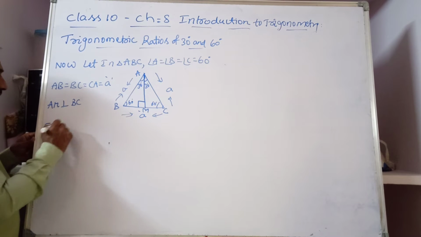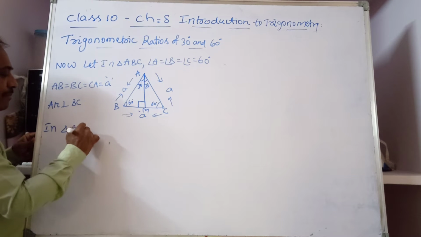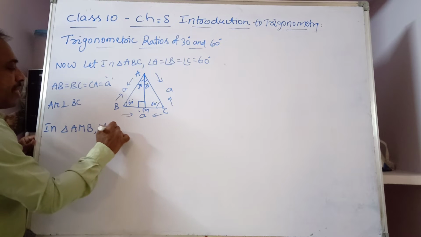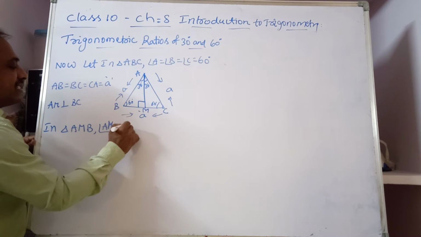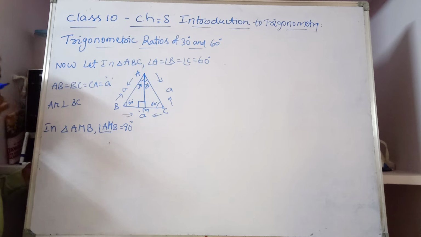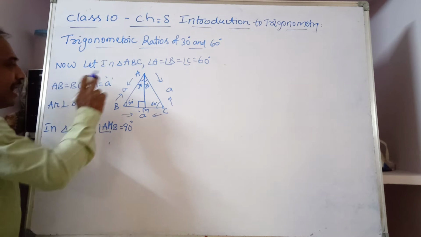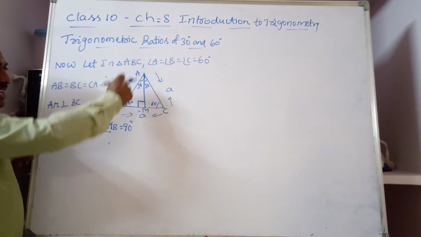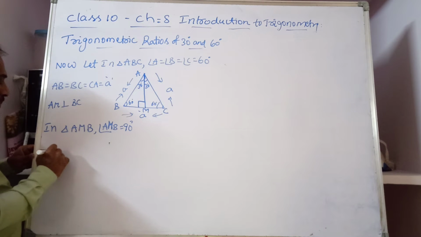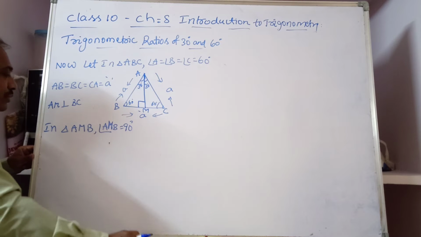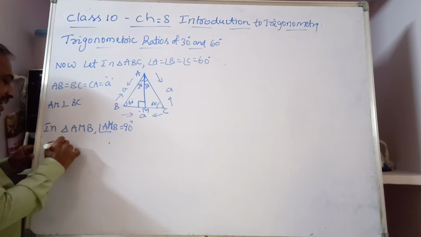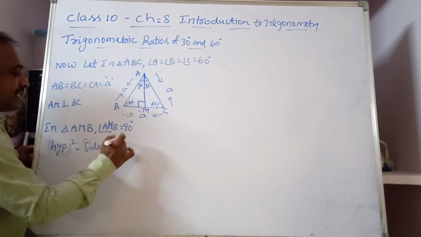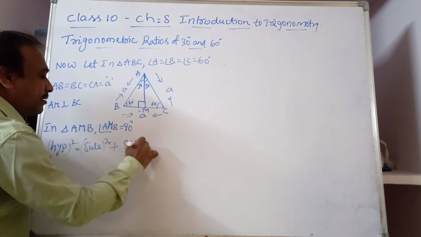So in triangle AMB, angle AMB is equal to 90 degrees. That means it is a right angle. Now, according to the Pythagoras property, which will be the hypotenuse? AB is the hypotenuse. So hypotenuse square is equal to side square plus side square.